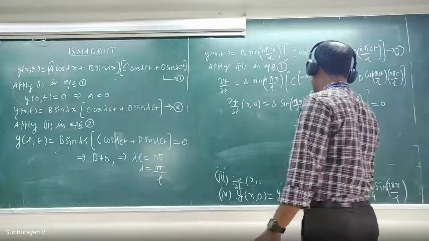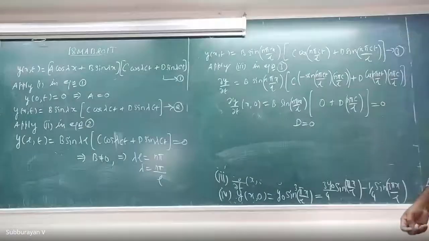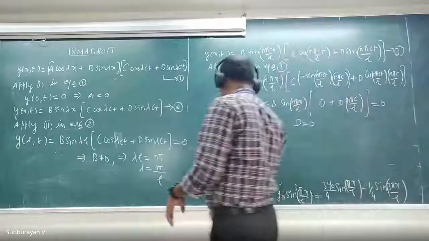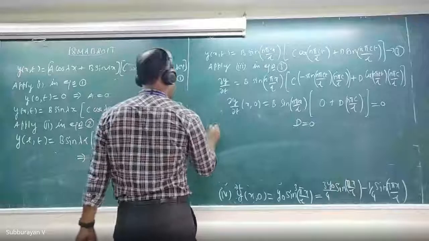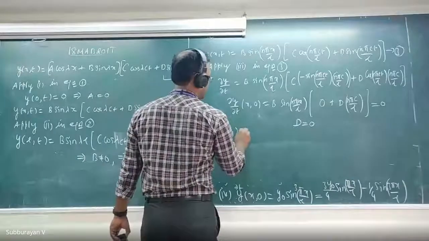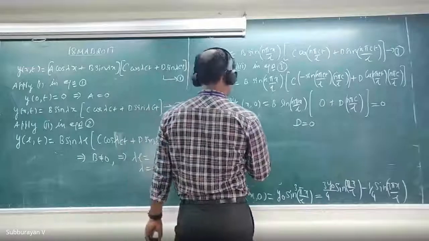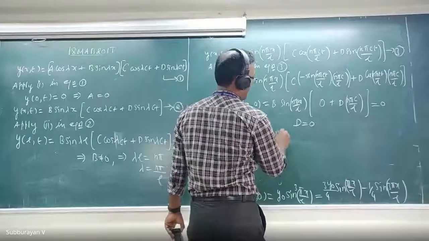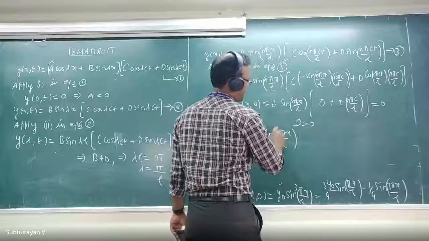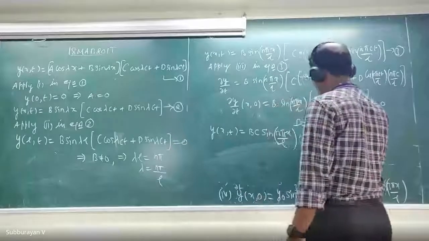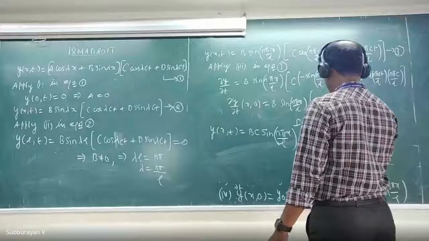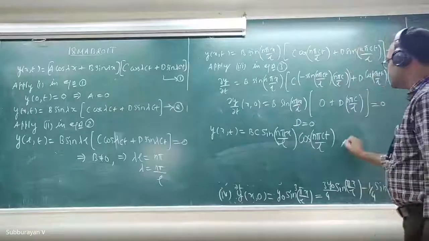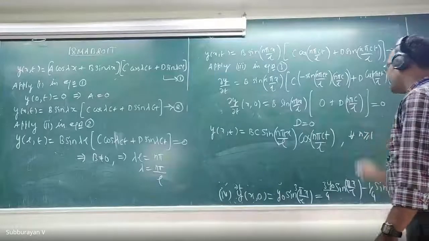If d equals 0, then equation 3 reduces to y of x comma t, which is equal to bc sin n pi x by L into cos n pi ct divided by L. This is true for all n greater than or equal to 1.